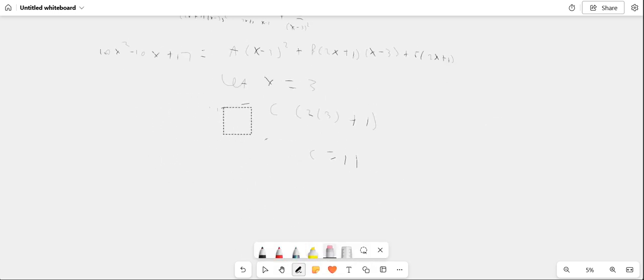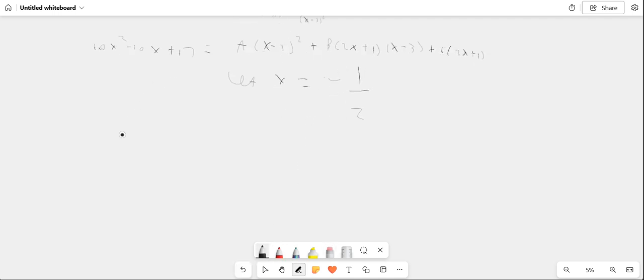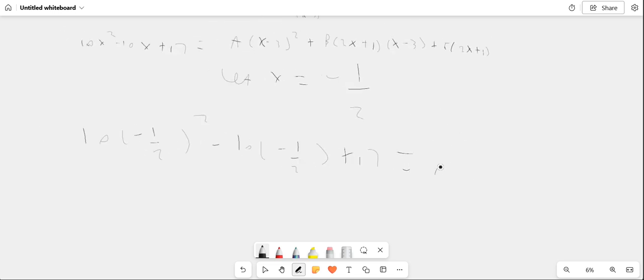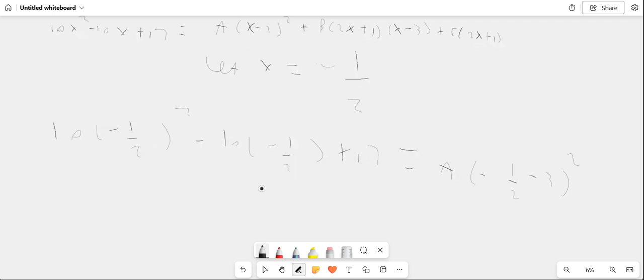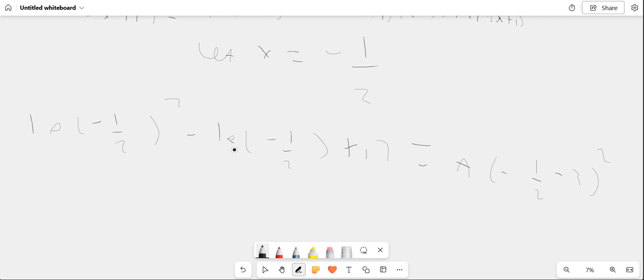So let x equal minus 1 over 2. Now 10(minus 1 over 2) squared minus 10(minus 1 over 2) plus 17 is equal to a(minus 1 over 2 minus 3) squared, and the other two become 0, since minus 1 over 2 into each of those gives 0. The left hand side simplifies to 98 over 4, so put that in your calculator and it will give you that.